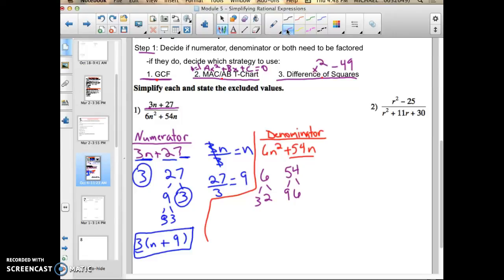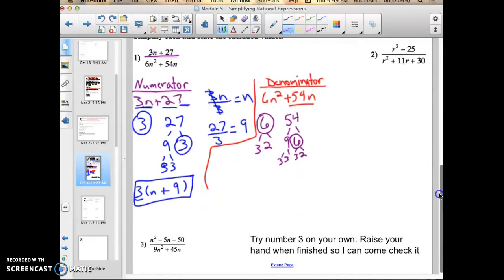You could use different numbers, but you would arrive at the same answer. I could break these down further if I wanted to, into 3 and 2, but the biggest number I see in common is the 6. So I know that the number 6 is going to be part of my GCF down here.